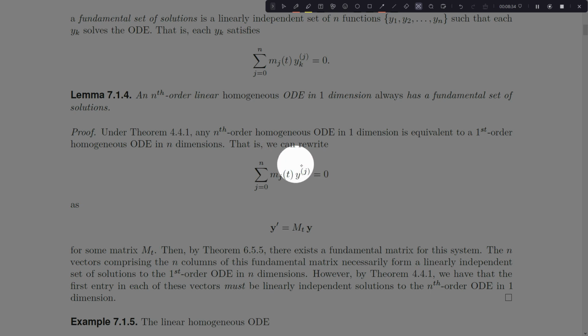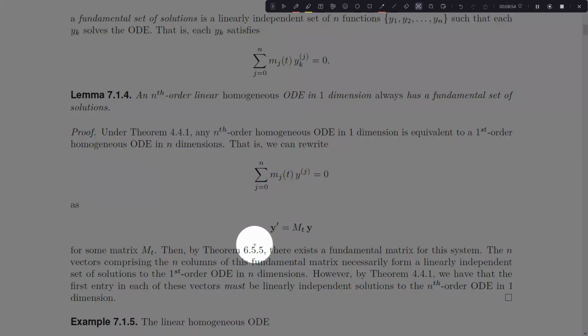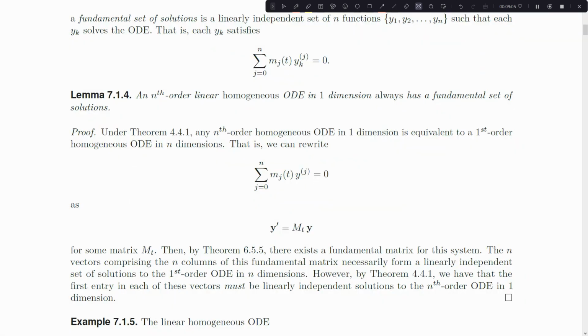And if I do that, I convert this ODE into a first order ODE in n dimensions, and I just recover that y, as a vector in n dimensions, prime equals some matrix times y. And we necessarily know that there exists a fundamental matrix, right? That's what theorem 6.55 told us. And it turns out then that the n columns of the fundamental matrix necessarily form a linearly independent set of solutions.